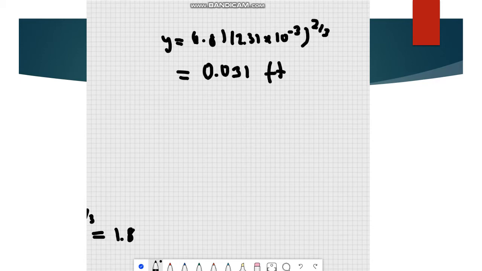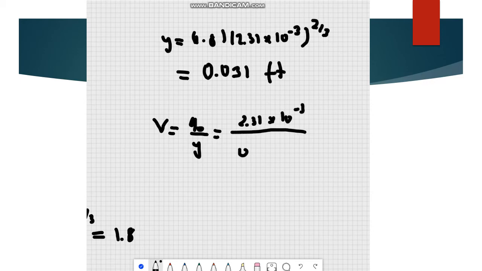So in order to calculate the velocity, velocity was Q0 over y, which is Q0 again, 2.31 multiplied by 10 to minus 3, over y, which is 0.031.